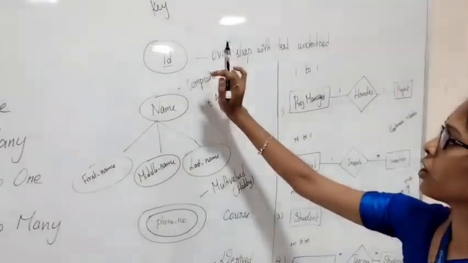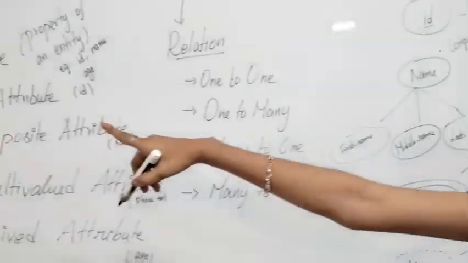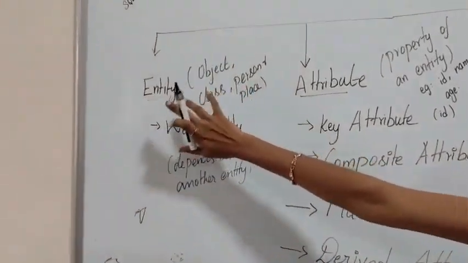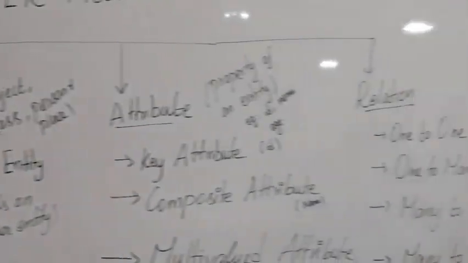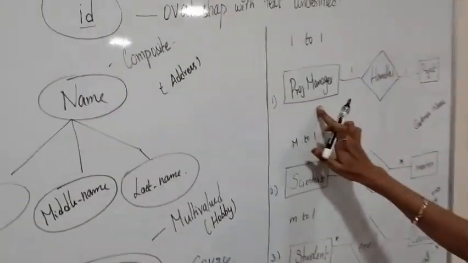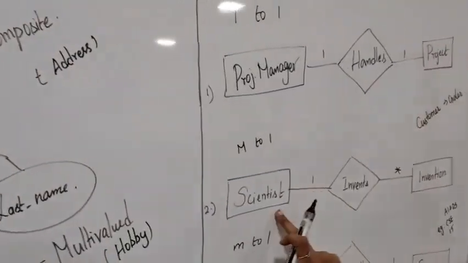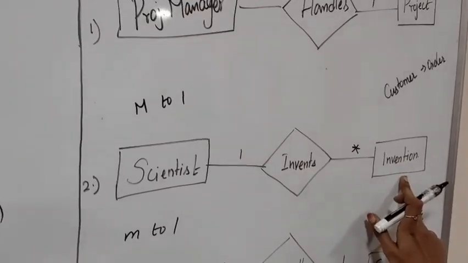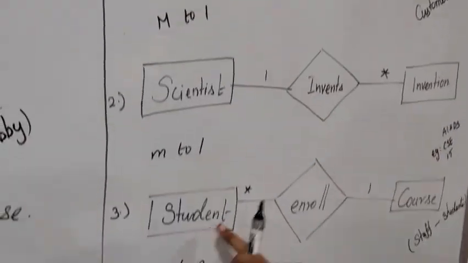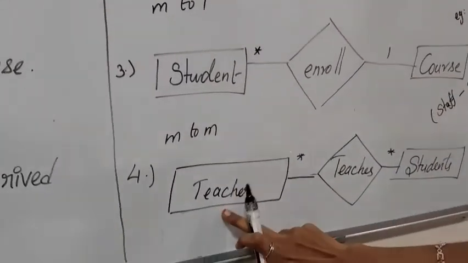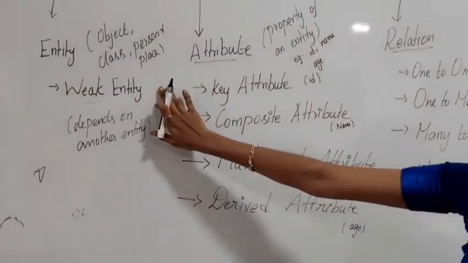Now we can see what an entity is, which is already explained. For example, here project manager is an entity, project is an entity, scientist is an entity, invention is an entity, then student, course, and teacher are entities. This is called an entity.